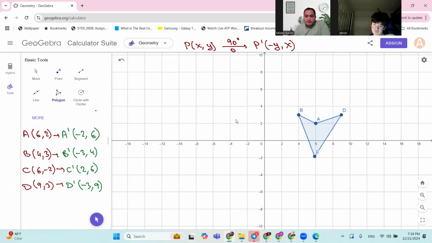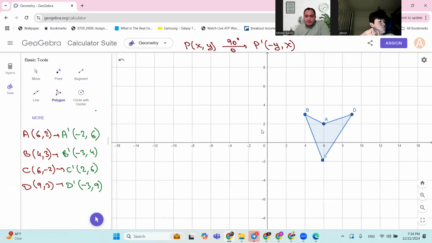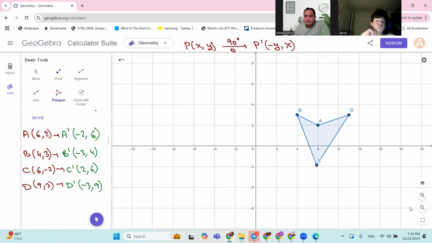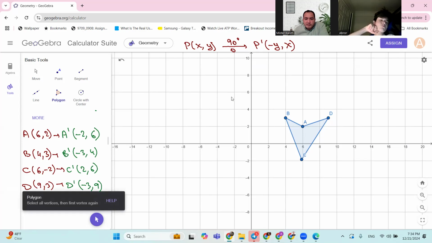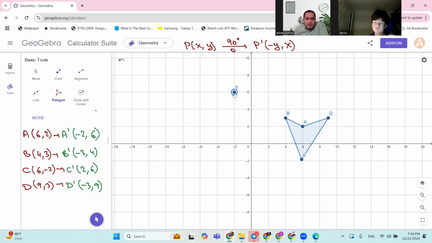I think I couldn't see this. Let's do it again. Negative 2, 6 here. Negative 3, 4 is here. 2, 6 is here. Negative 3, 9 is here.